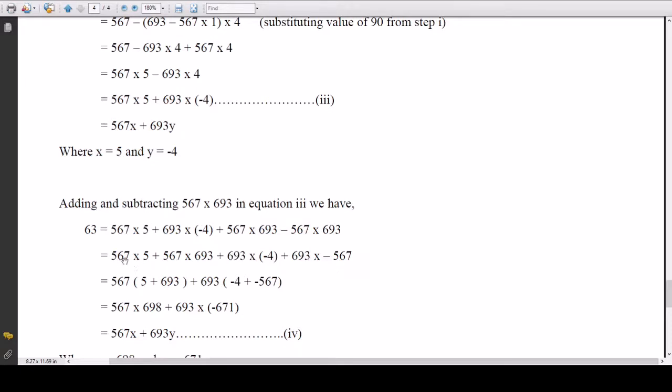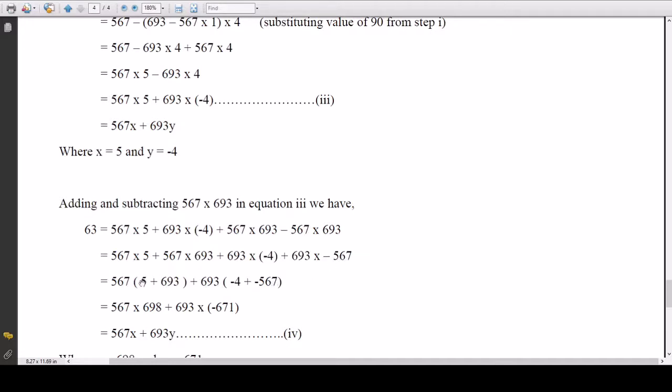Now 567 is common within the first two terms. This is the first term, the second term, the third term, and the fourth term. Between the first two terms, 567 is common, and you will get 5 plus 693. Then between the last two, 693 is common, and you will have minus 4 plus minus 567.